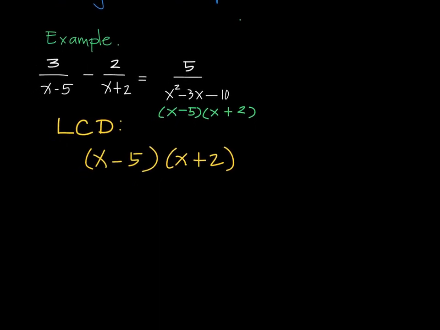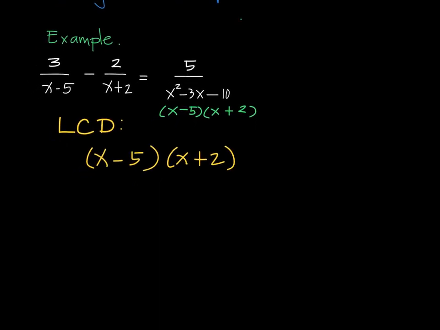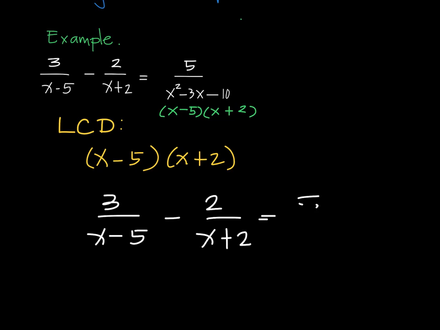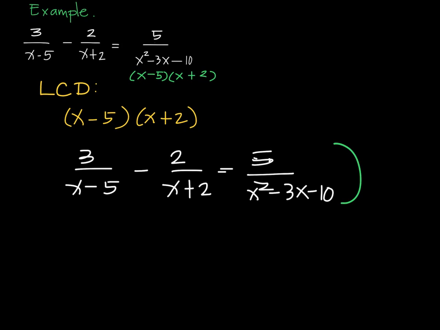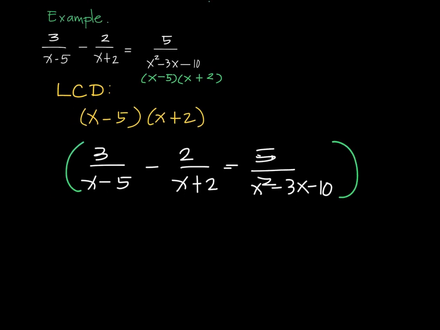Once you have found the LCD, first you might want to write the equation again: 3 over x minus 5 minus 2 over x plus 2 is equal to 5 over x squared minus 3x minus 10. Using the LCD, we have to multiply both sides by that LCD.